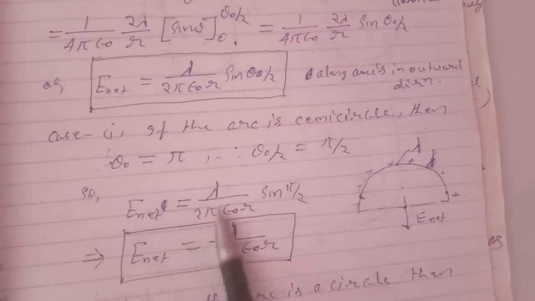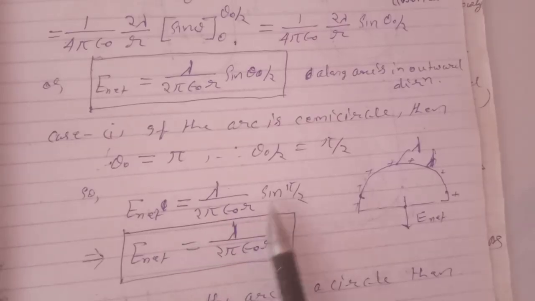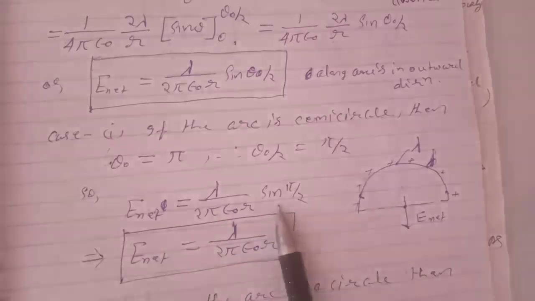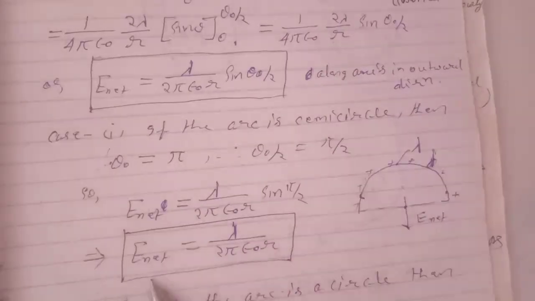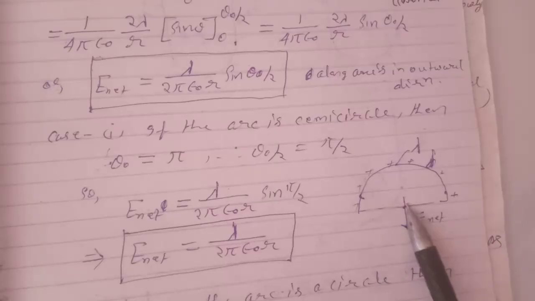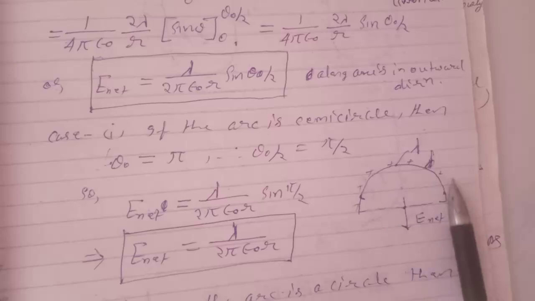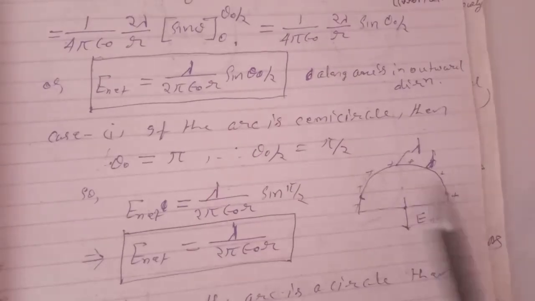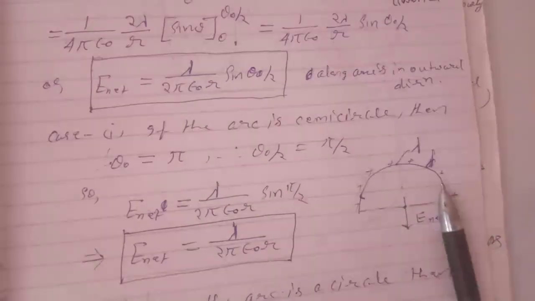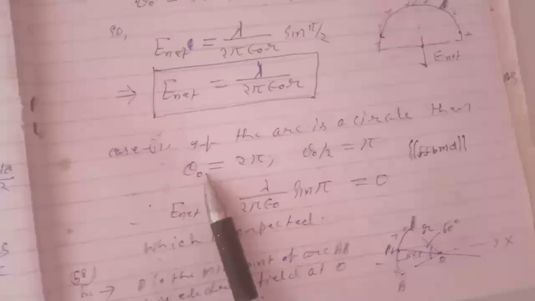So E net equals lambda by 2 pi epsilon naught r sin pi by 2, and sin pi by 2 equals 1. So E net equals lambda by 2 pi epsilon naught r. This is shown here. The electric field will be in this direction at this point, where lambda is the linear charge density.